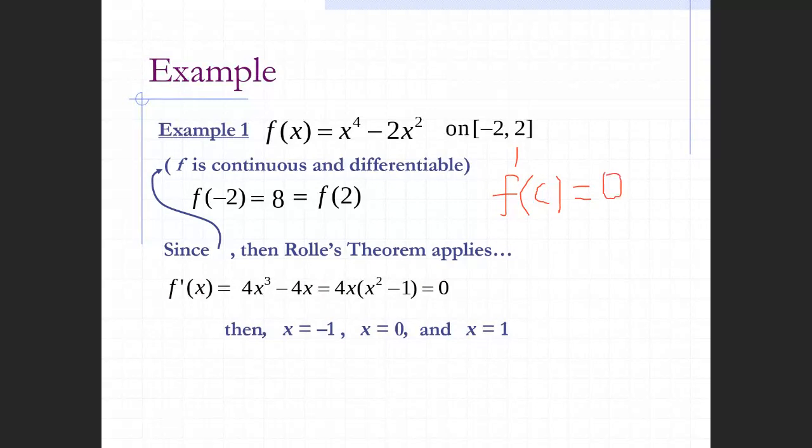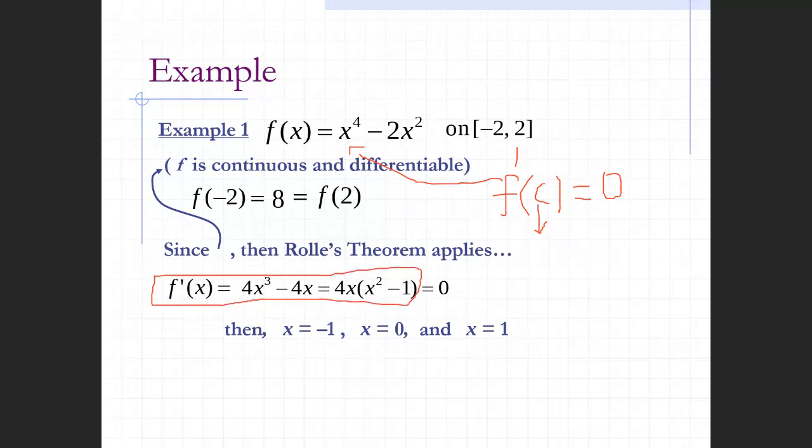So now we will find that point, the values of c where the derivative of the function is 0. For this we will differentiate the original function. To find f dash of c, first we find f dash of x. You can see here f dash of x is equal to 4x into x square minus 1.